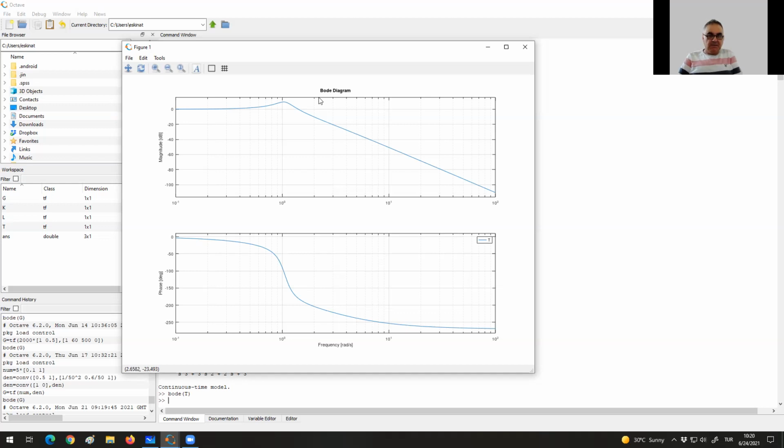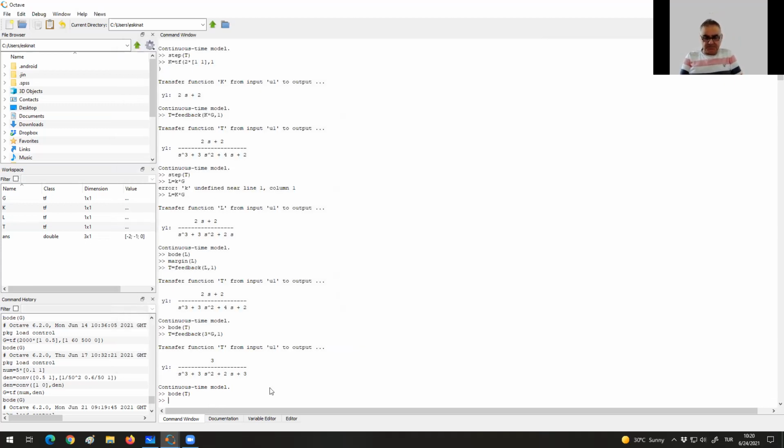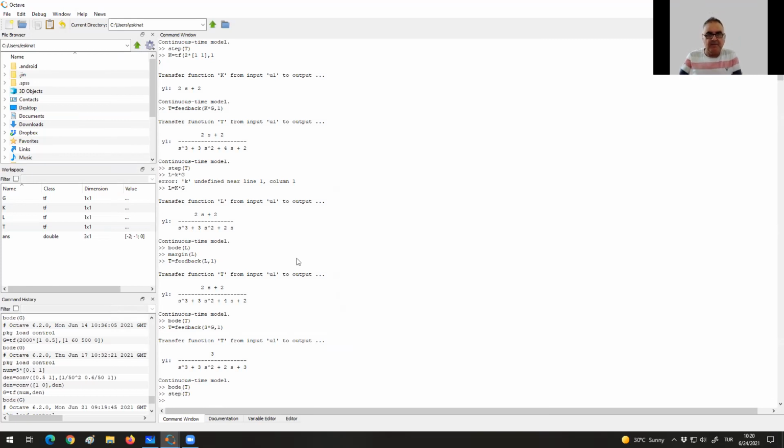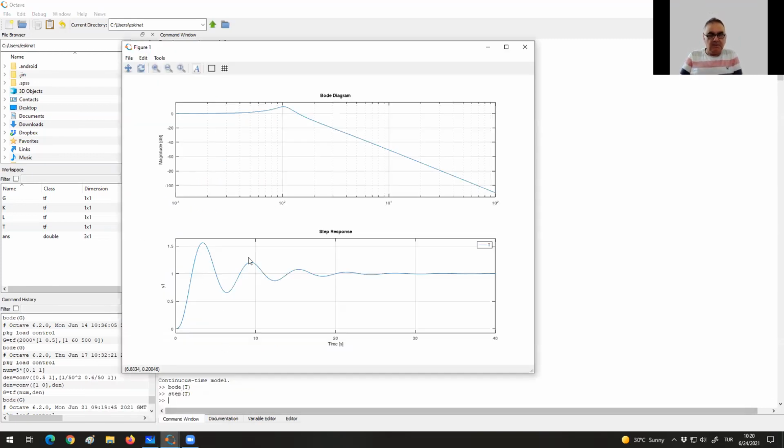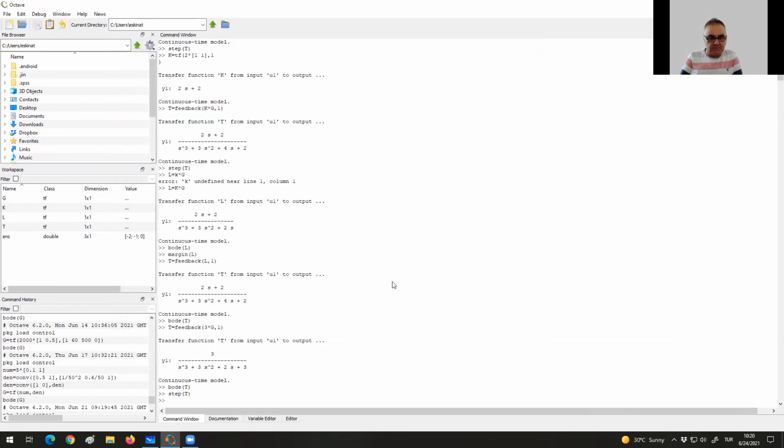And by the way, this is the closed loop transfer function, not the open loop, as we did in the Bode diagram when we looked at the margins, okay? So this is for the P control. The other one was the PD control.